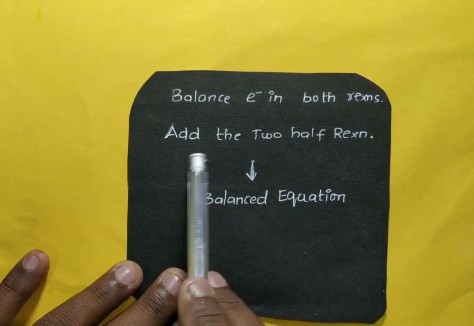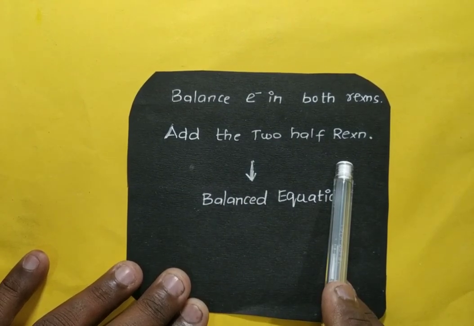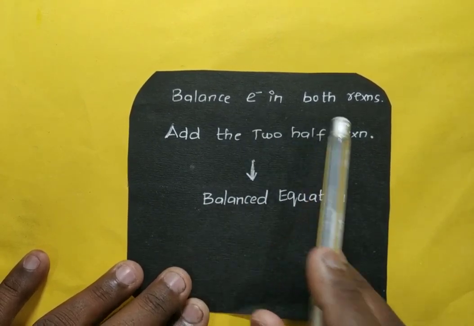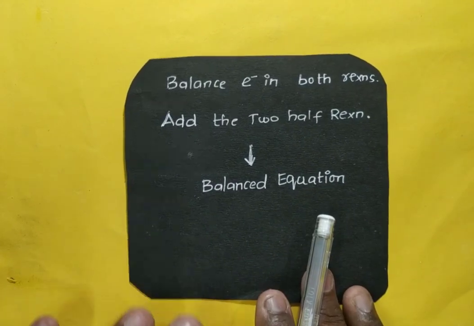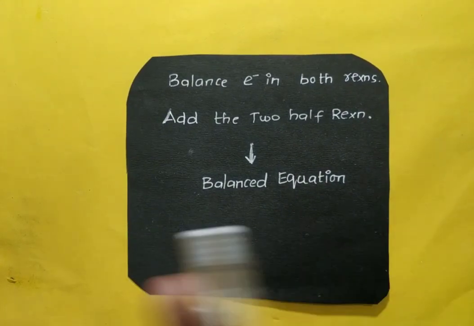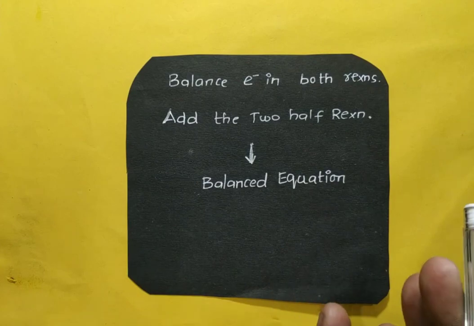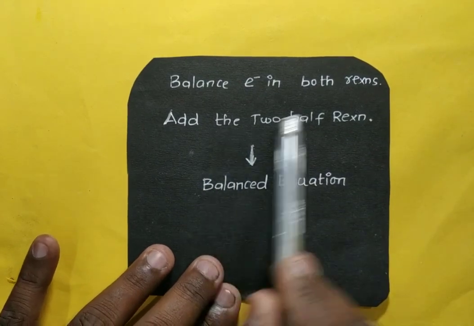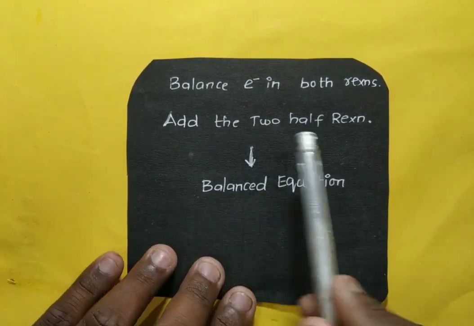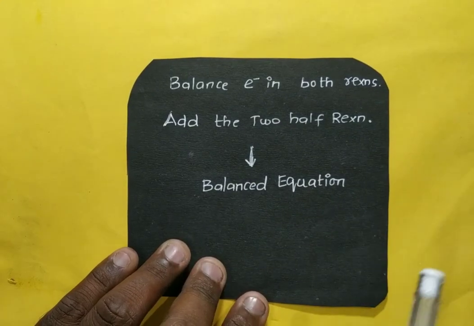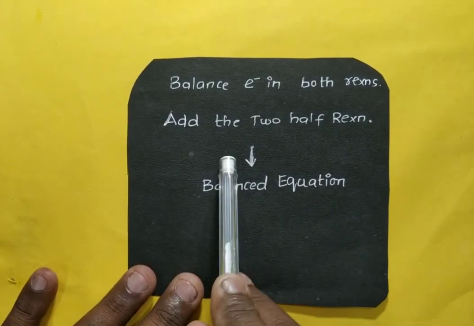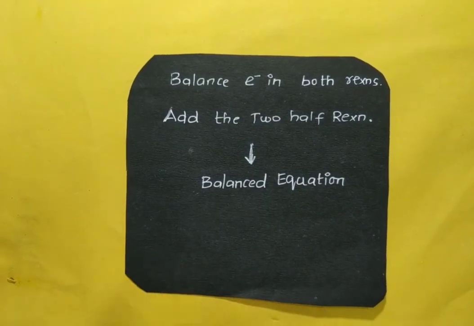Before adding these two half reactions, you have to balance the electrons in both the reactions. Before that we balanced the reactant and product sides. Now we are balancing the electrons in the two half reactions, one oxidation half and another reduction half. If you do this, you will get a balanced equation.